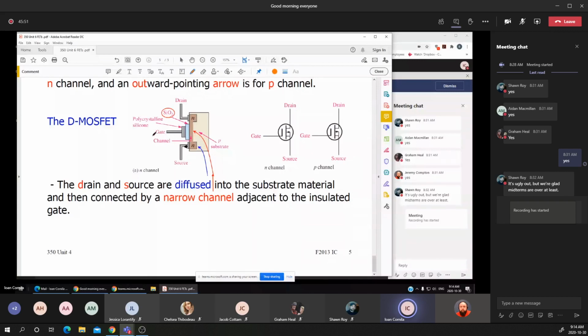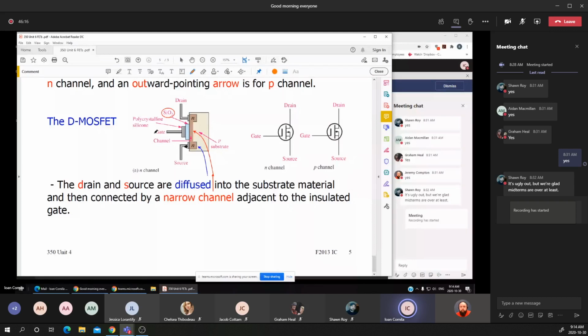Now, how can we control the current that flows between the drain and the source? By simply applying a positive or a negative voltage on the gate. That means we can use the MOSFET in depletion mode or in enhancement mode.